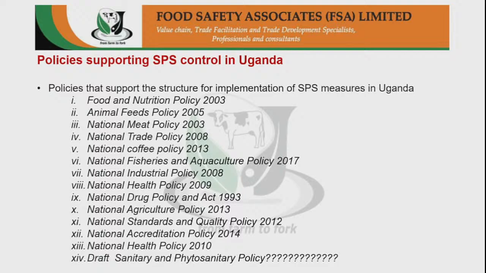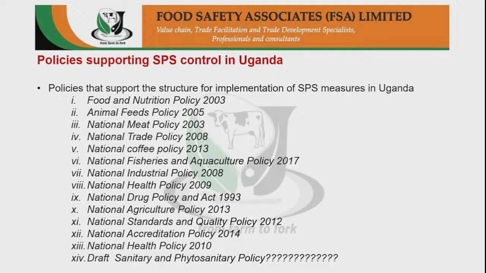But what is the value system of Ugandans relating to safety and relating to trading? All those are supposed to be embedded within our policies. We have quite many policies. These are some of them that I have managed to identify from the reports I have talked about as being essential to promote food safety, animal health, and plant health.